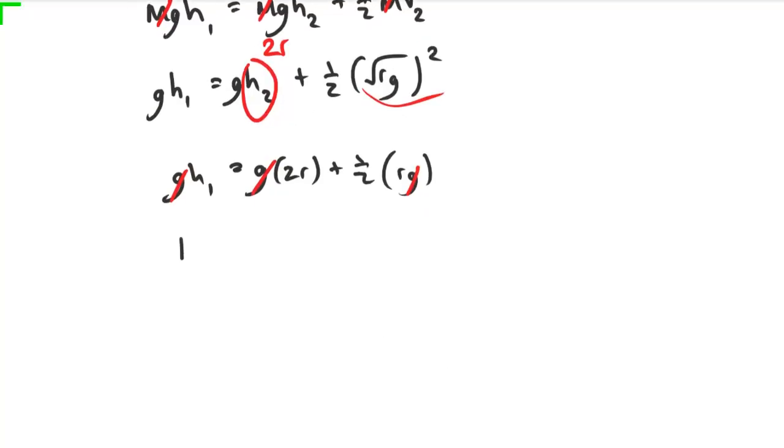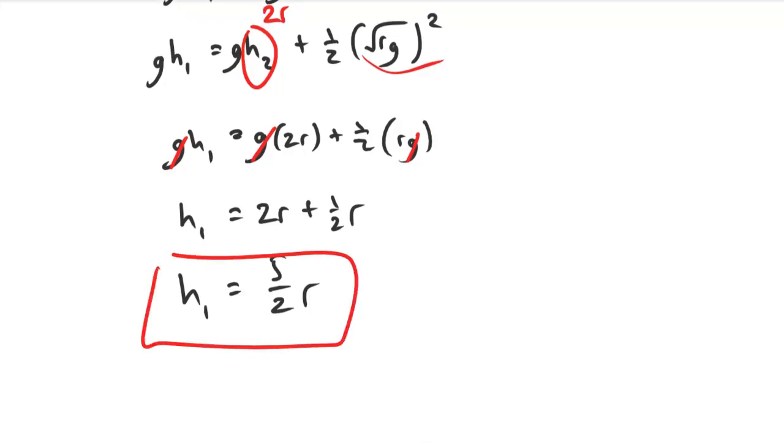And so we have h1 is equal to 2R plus another 1/2 R, or h1 is equal to 5/2 R.